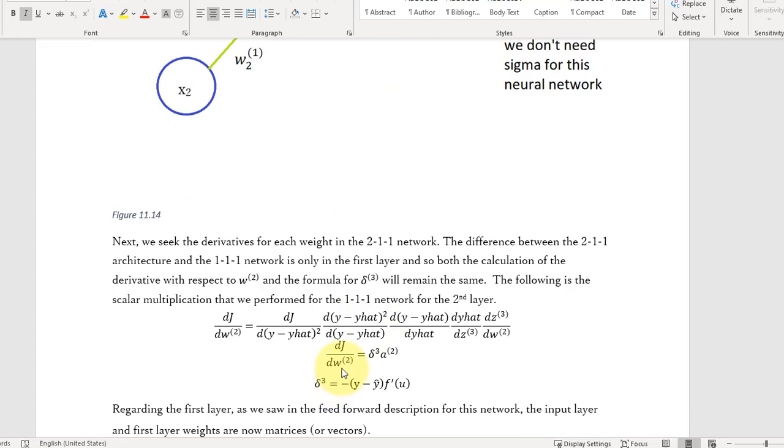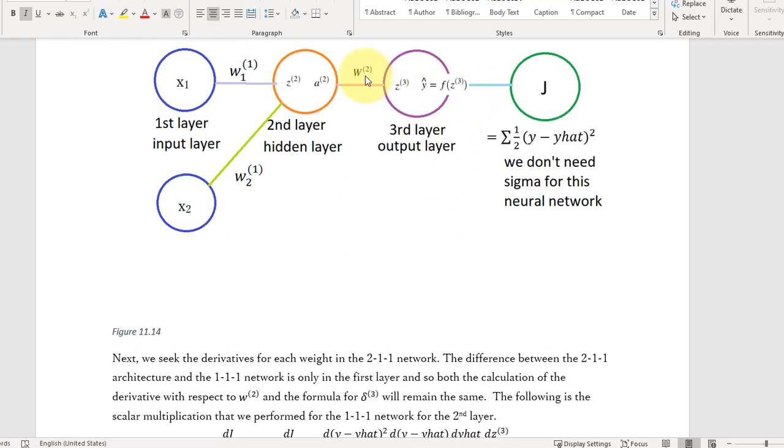We have that one already. We did that in the 111 architecture. So now we have expressions for dj with respect to W1, W2, and also with respect to both of these. That's what we just finished. So we have everything we need.